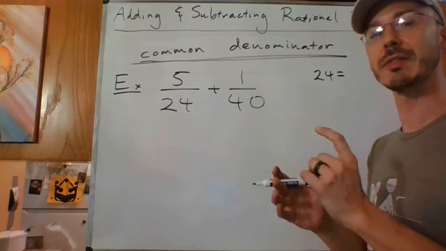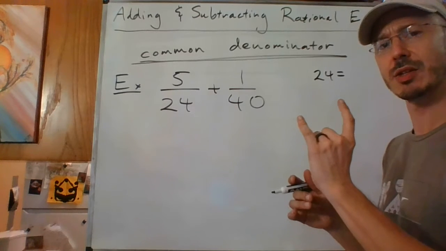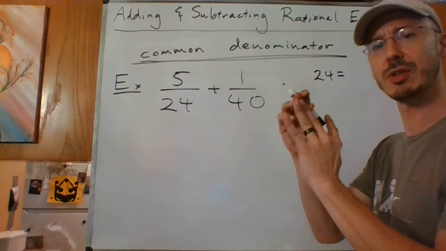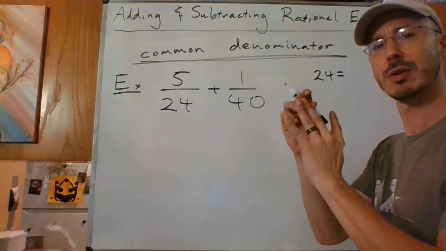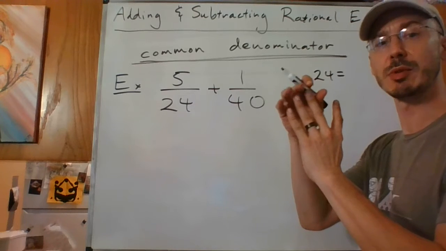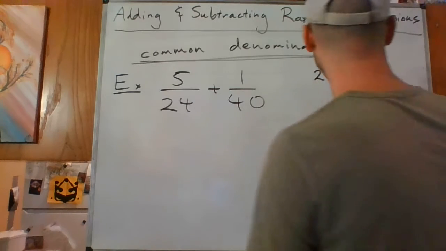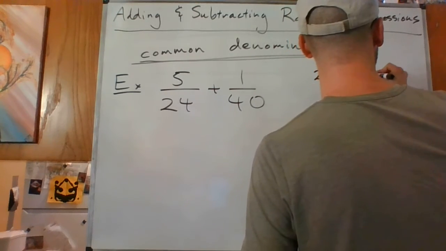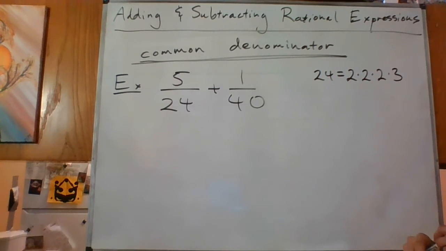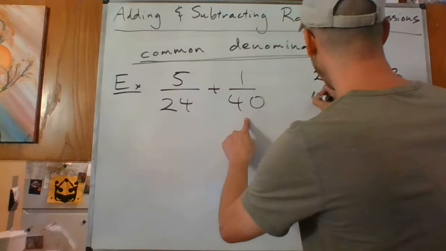A good way to think of that is 8 times 3. So 8 is 2 times 2 times 2. So my 8 times 3, that's 2 times 2 times 2 times 3. And I'm going to write it like that, 2 times 2 times 2 times 3. Next, 40.